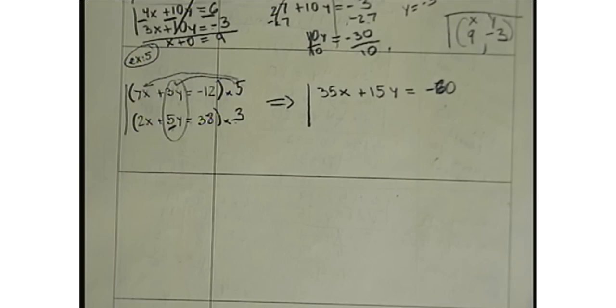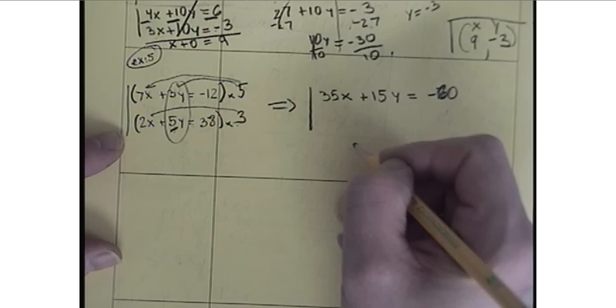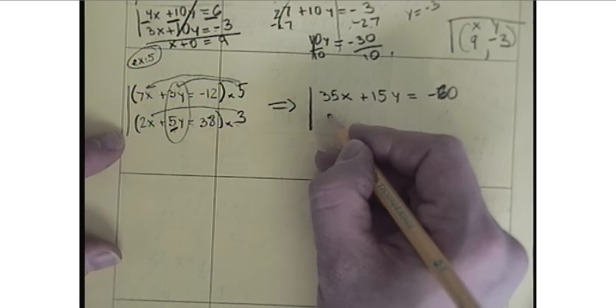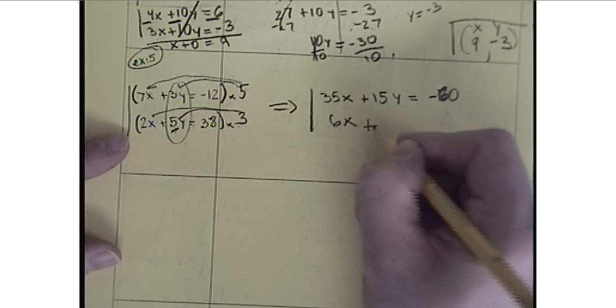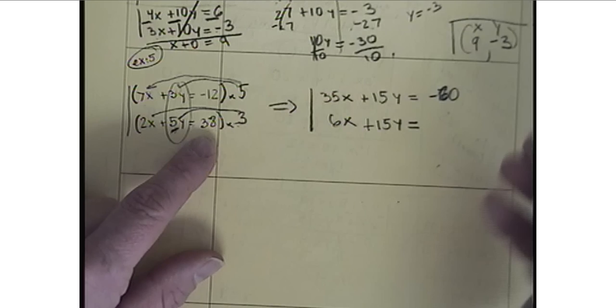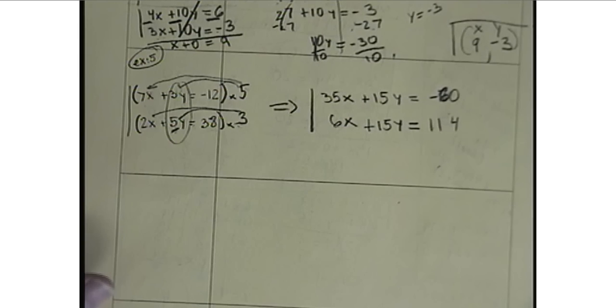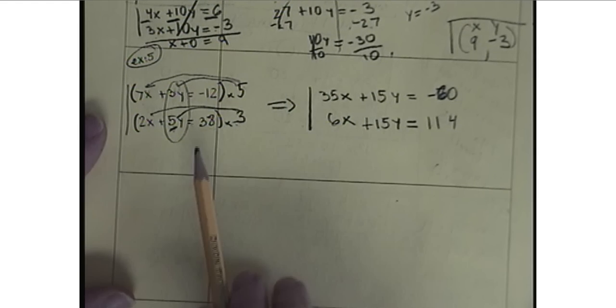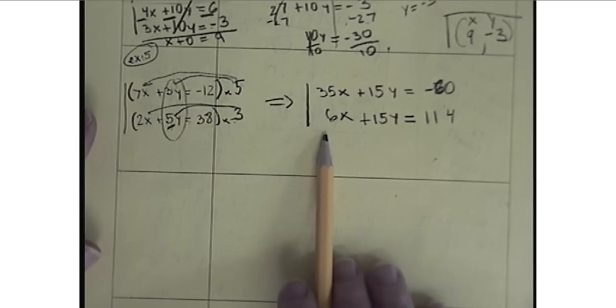And then we will do the same thing on the bottom. 2x times 3 will give us 6x, 3 times 5 will give us plus 15y equals 3 times 38, this will be 114.